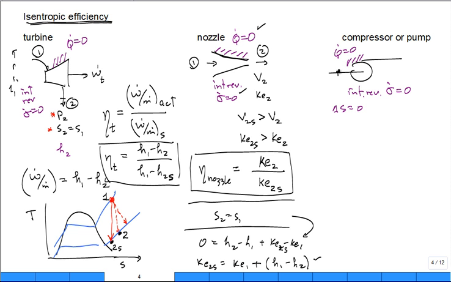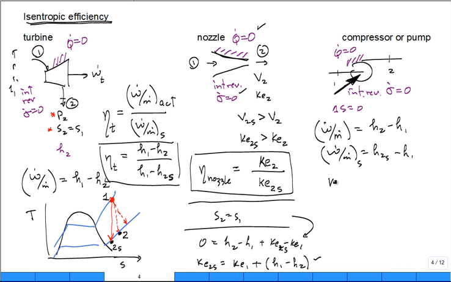Okay, you come in at state 1, you go out at state 2. The work per unit mass, and a lot of times you turn it around and you put it into the pump. Okay, let's show it going into the pump. That's going to be H2 minus H1. If it's isentropic, you'll get H2S minus H1.